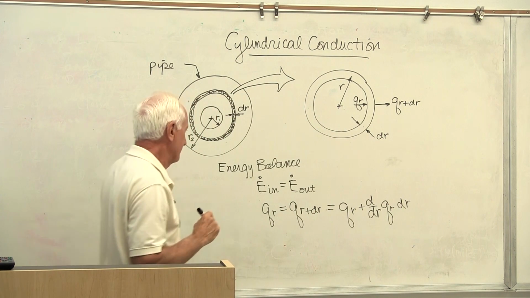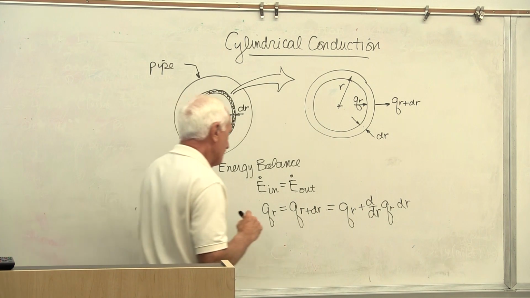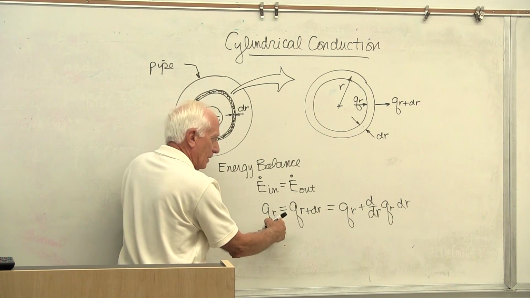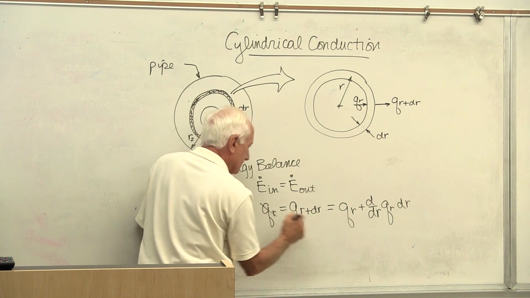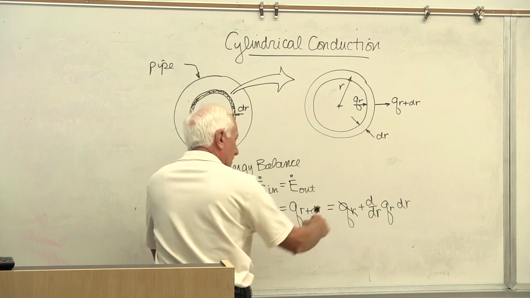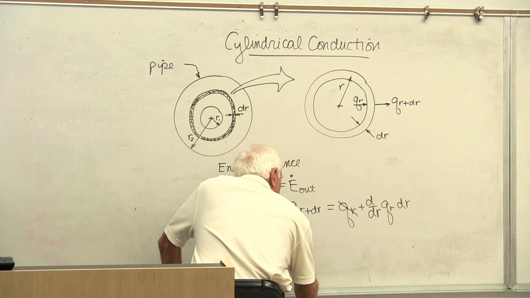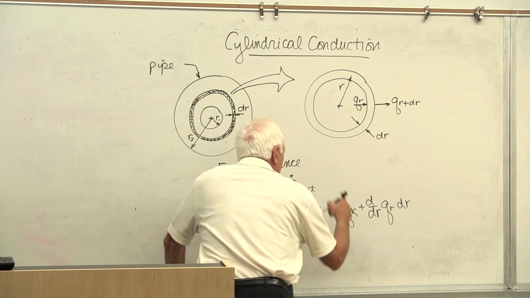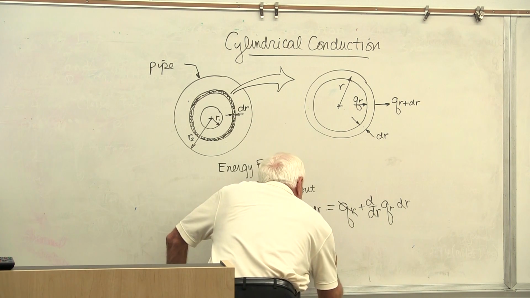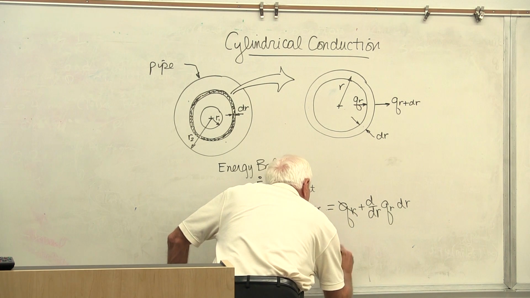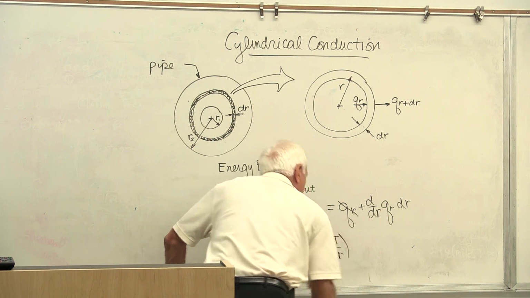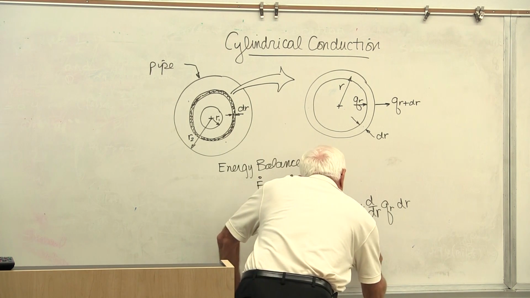There it is. Okay, look at the equation. qr on the left, qr on the right, cancels. We've got this then. What is qr? Minus kA dT/dr, multiplied by dr.